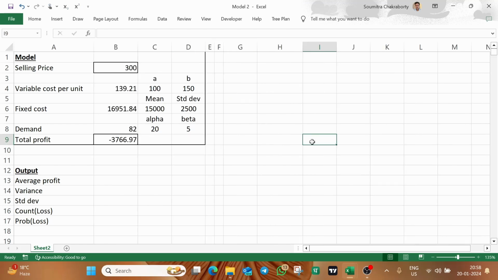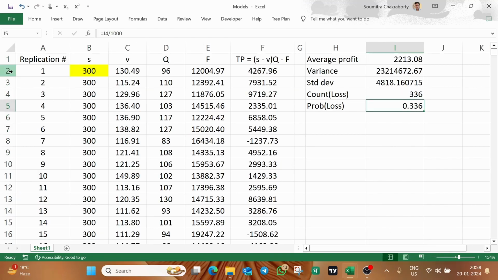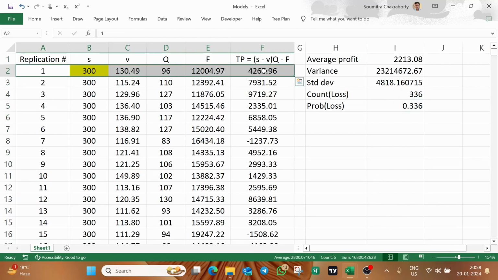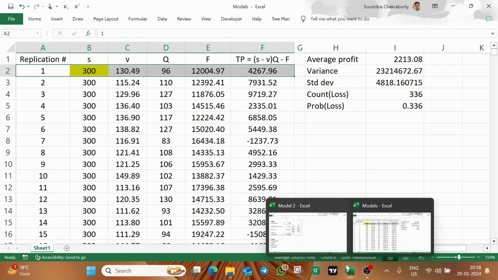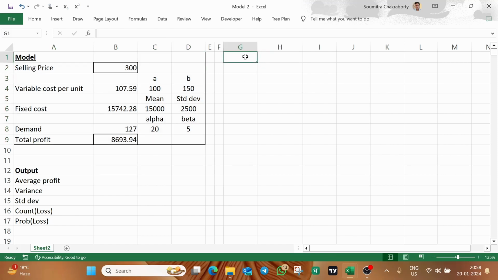So if I just ask you, what did we do here? We are just creating one replication. This is one replication. See here, in the earlier model this was calculated in the first row, and now in this case we have created a proper model here, and this is the first replication, or you can say this is the first sample.